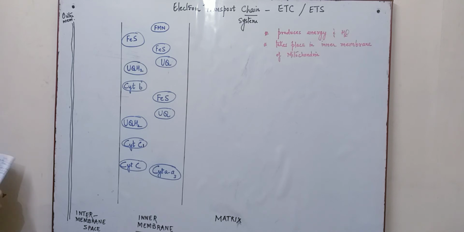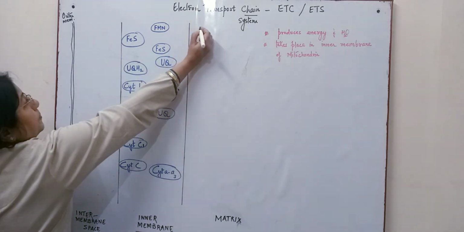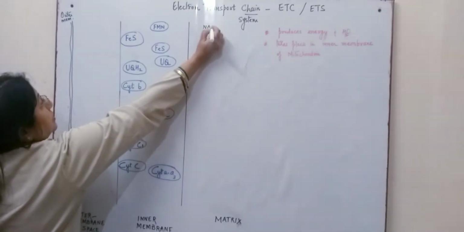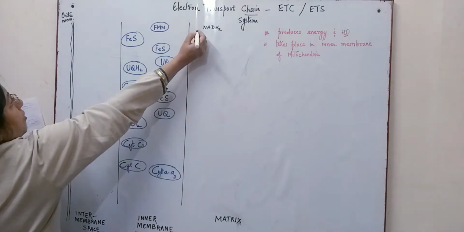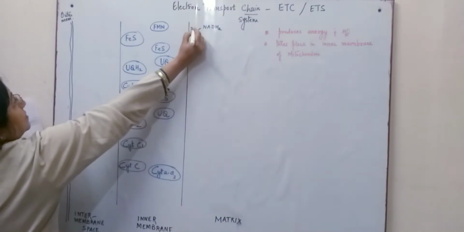Now, the NADH2, which is being produced during glycolysis and Krebs cycle, is utilized. Now, NADH2, which is being produced over here, breaks up into a pair of electrons.